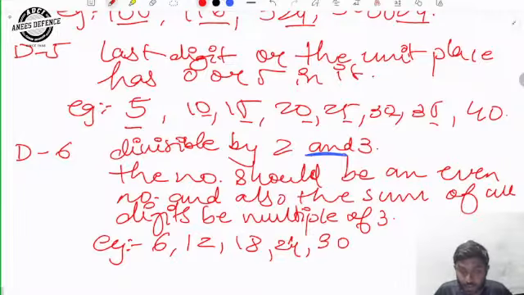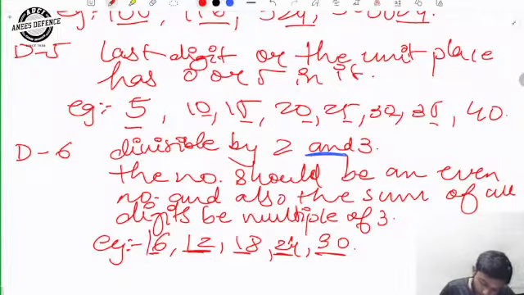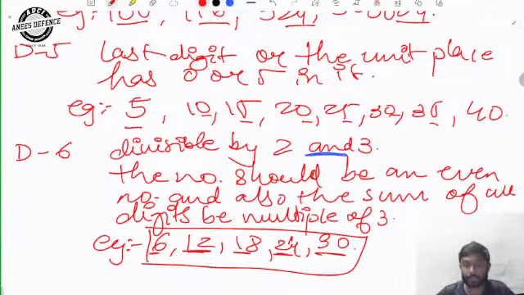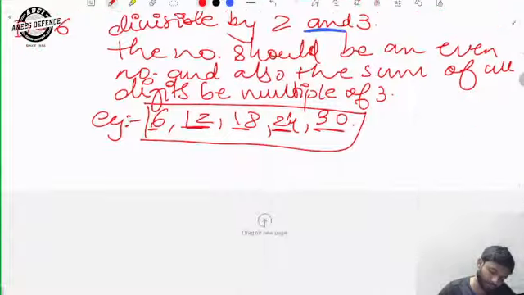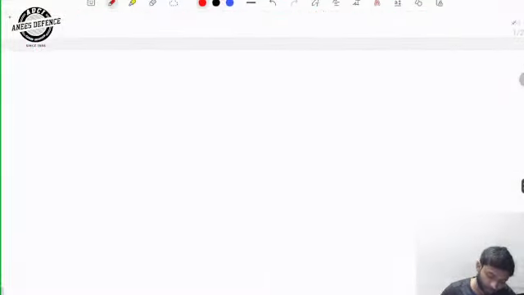The divisibility test of 3 says that the sum of all the digits should be a multiple of 3. 6 itself, 1 plus 2 is 3, 1 plus 8 is 9, 2 plus 4 is 6, again a multiple of 3. It goes in such a manner. So it is again divisible by 3. Thus this is the divisibility test of 6. We will see further.